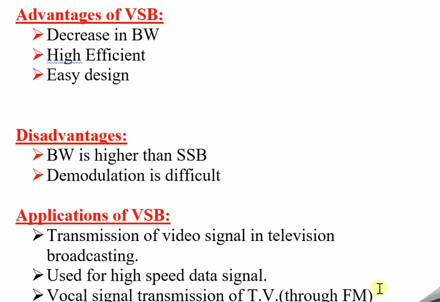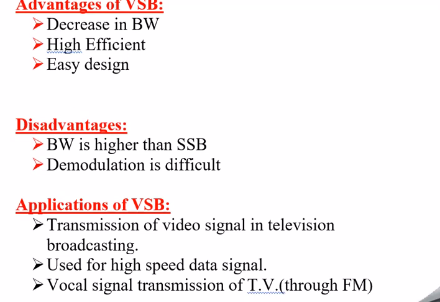Another application is vocal signal transmission of TV through FM. I said the first application was with respect to video signals, and this is with respect to audio signals. Vocal means audio.